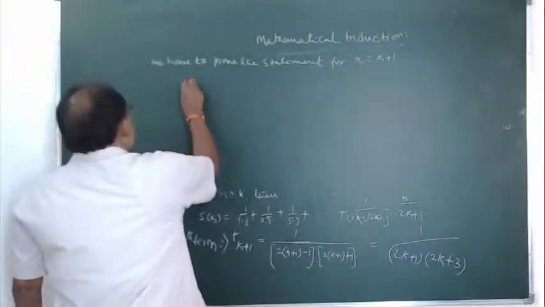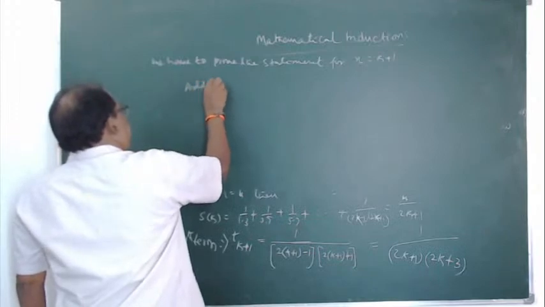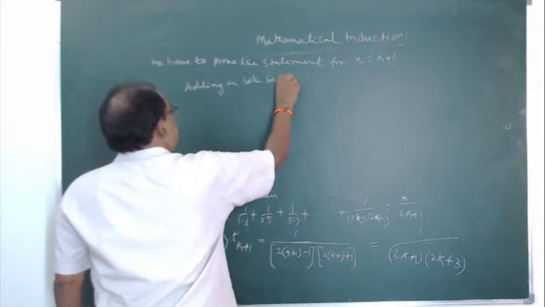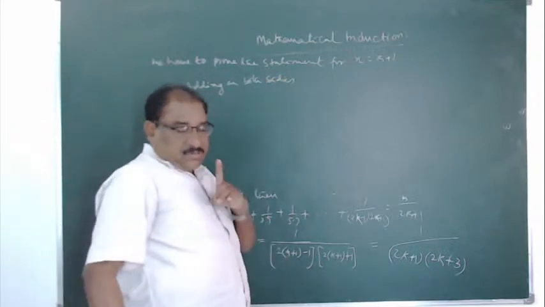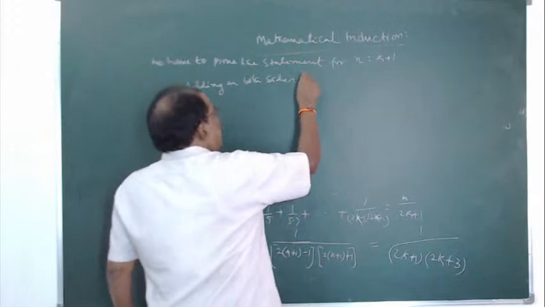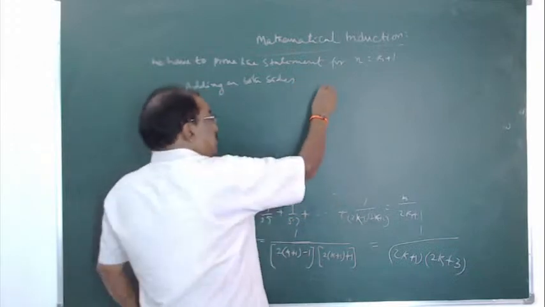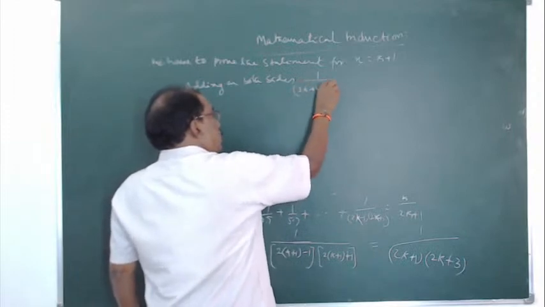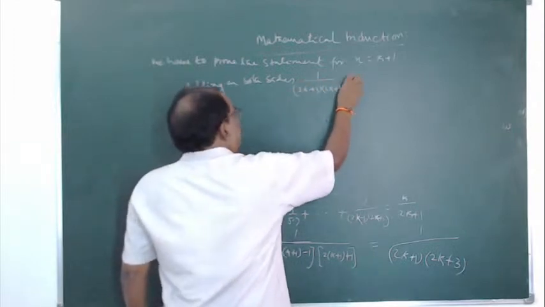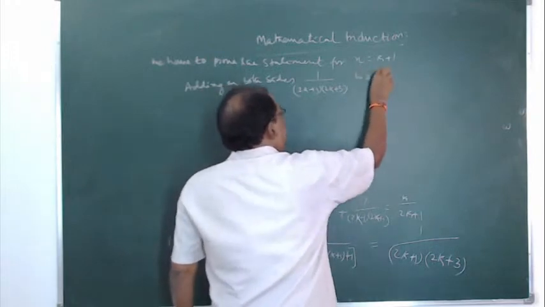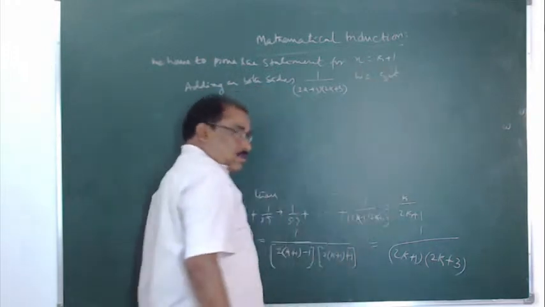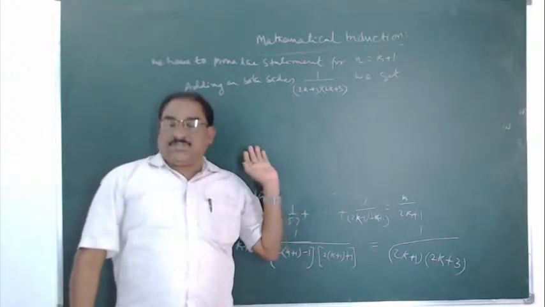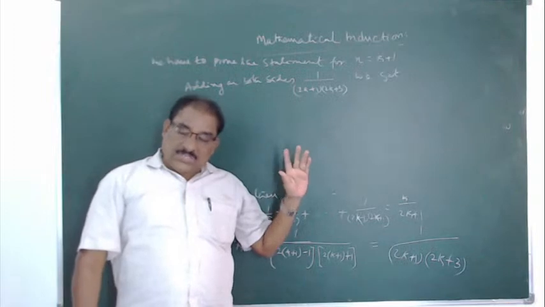For this, adding on both sides the k plus 1 th term. What is the k plus 1 th term? 1 by (2k plus 1) into (2k plus 3). On both sides, add to LHS, that is the series, and RHS also, that is the formula.